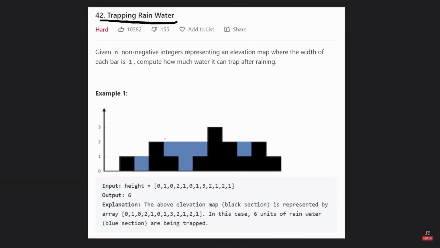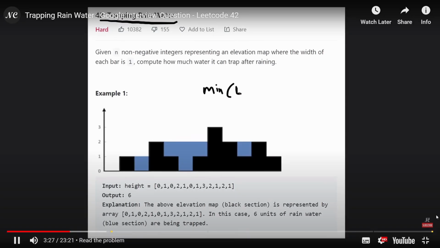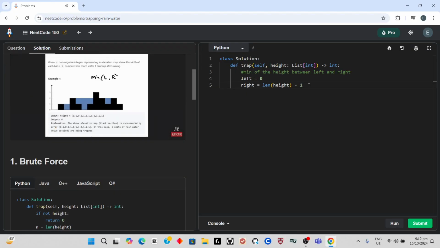The reason is because the actual calculation is we're going to take the minimum of the maximum left height and the maximum right height, and we're going to take the height that we're currently at. So let's say h of the index i that we're at. So this is the equation we're going to use to determine at every single position i, let's say this is our i position.